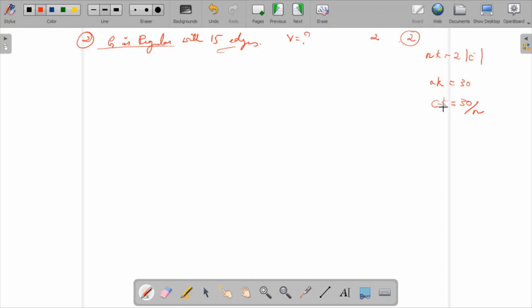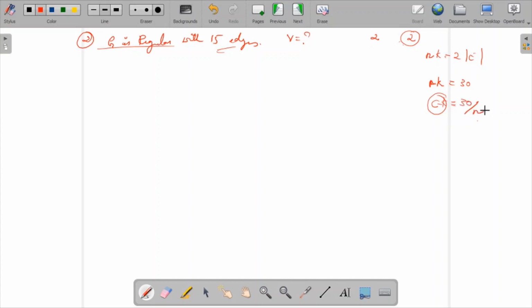Whether it is a 2 degree or 3 degree, this k value I have to find, so 30 by n. So degree has to be a positive integer itself. Then n should be a divisor of 30, so that you get a positive integer.